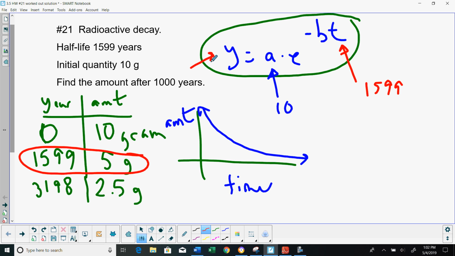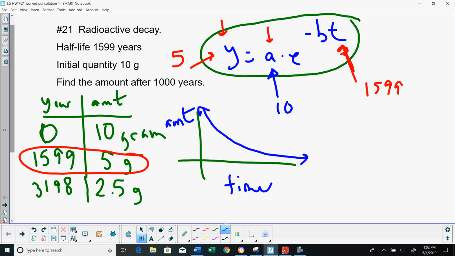So I can plug in 5 here, because this is the amount remaining after t years. This is the initial amount, t is the number of years, and b is a constant that we need to find as step number 1.